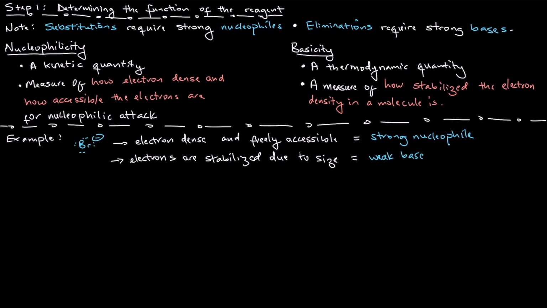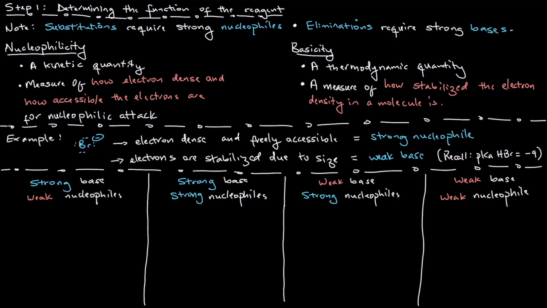And this actually makes bromide a fairly weak base. And recall that the pKa of HBr, which is the conjugate acid of bromide, is -9. This is an experimental quantity that supports our idea that bromide is a really weak base. So notice that bromide, being a good and strong nucleophile, is also a weak base. Once again, these two things do not track with each other.